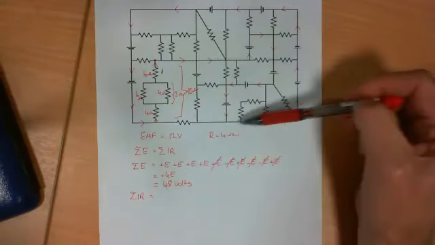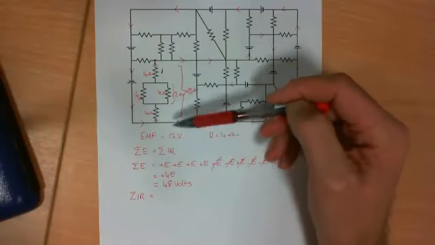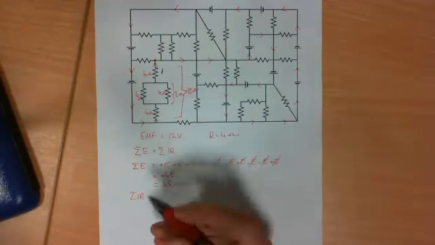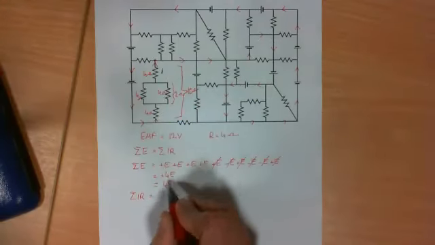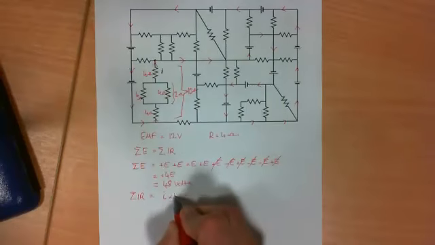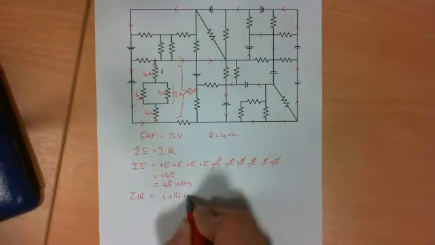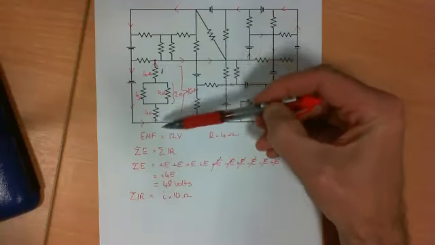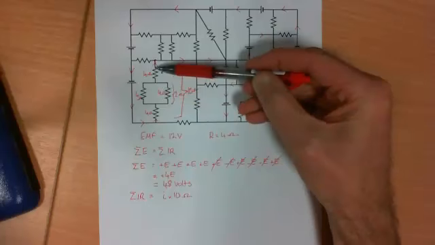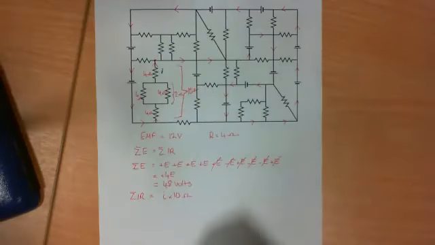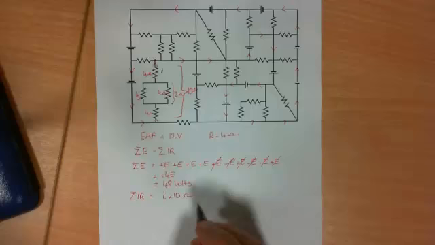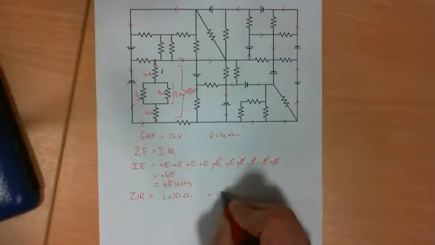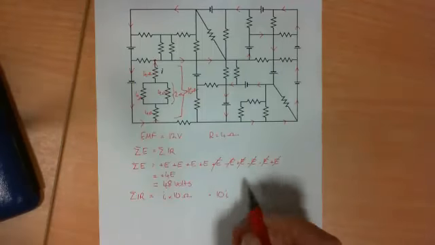So in completing this loop, the potential drop is just going to be given by I times the total resistance for this section, which is 10 ohms. Now the way we've drawn it, we've assumed the current's going up here, so we're going through these resistors in the direction of the current, so it is a plus I. So our total potential drop is equal to 10I.